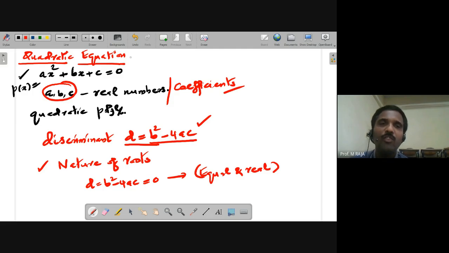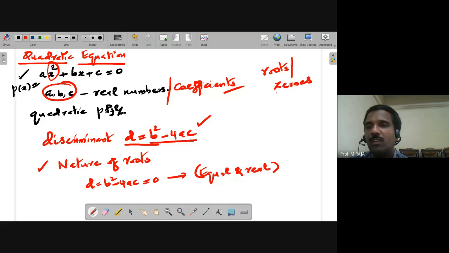Two roots, since this is a quadratic equation; the solutions are the zeros of this quadratic polynomial. The zeros are two real numbers which we assume to be x1, x2.